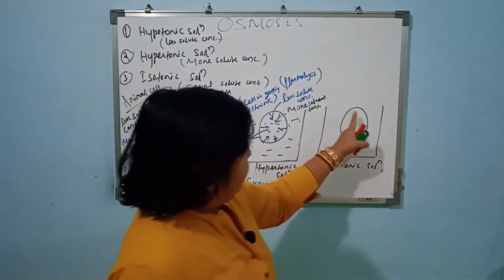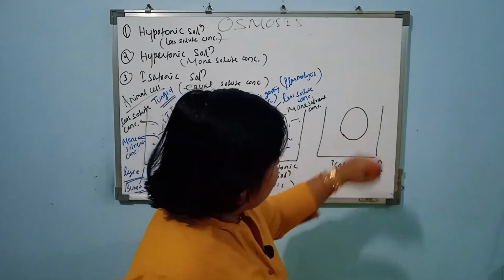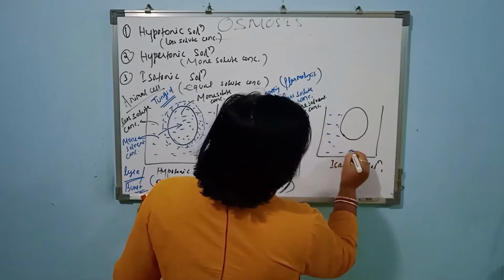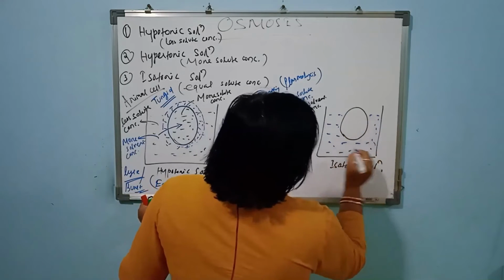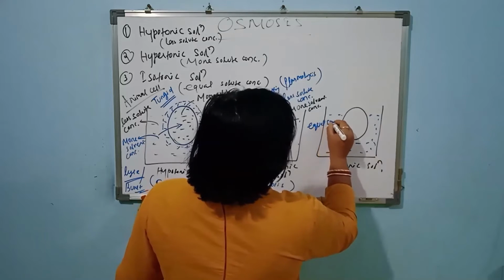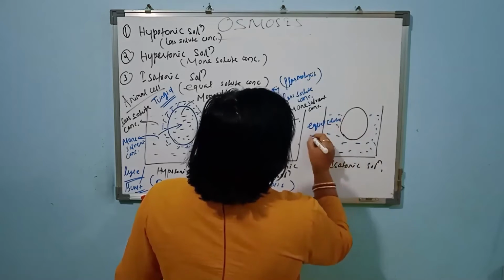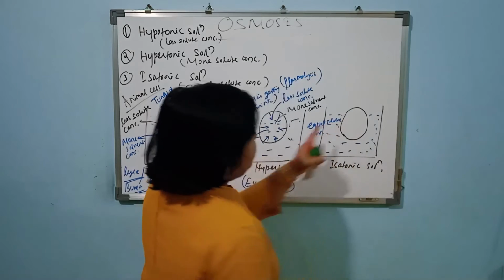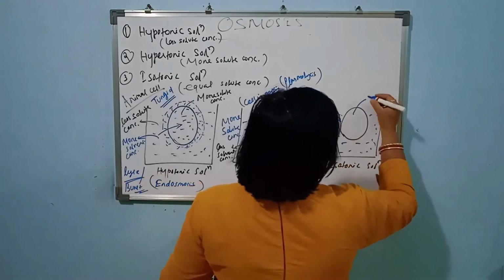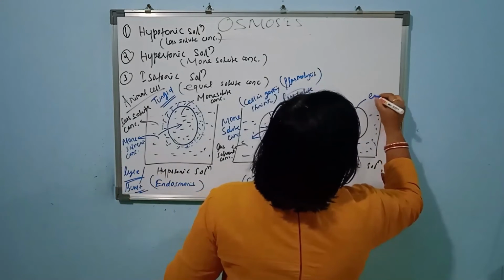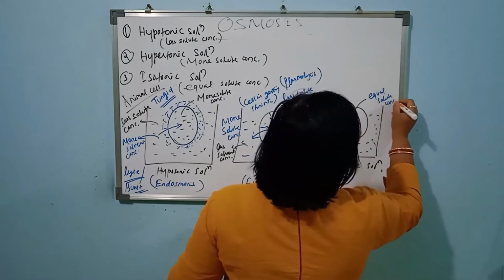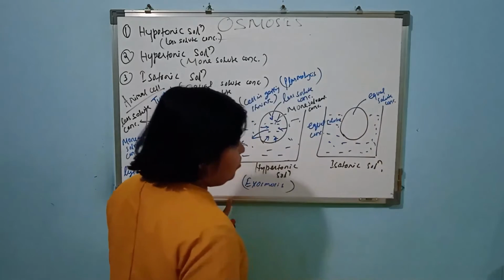But if you keep one animal cell in isotonic solution, what will happen? This solution has equal solute concentration with this cell sap. So here also you will find equal solute concentration with this outside solution.